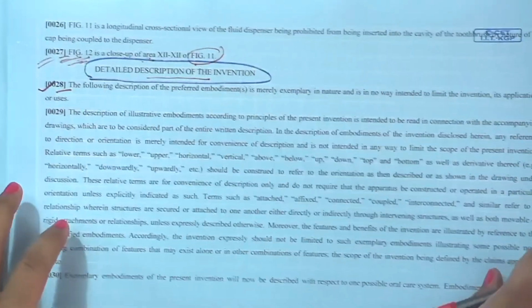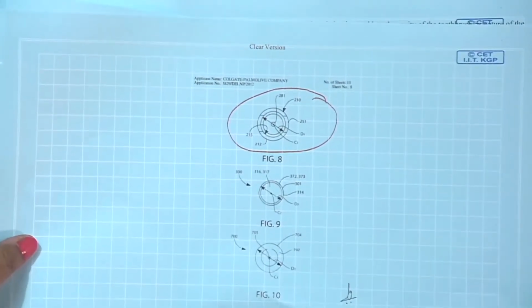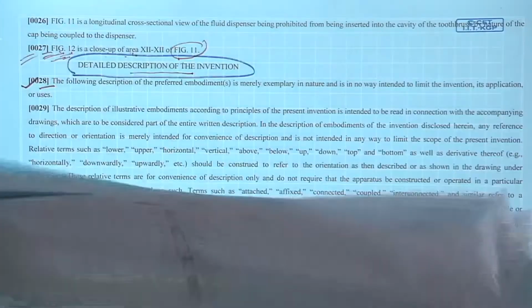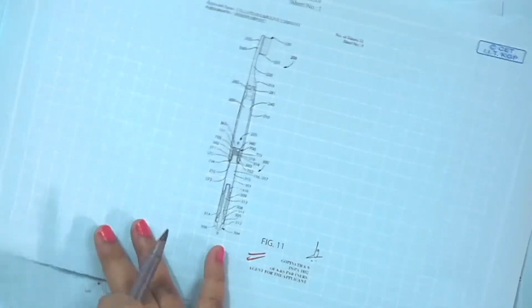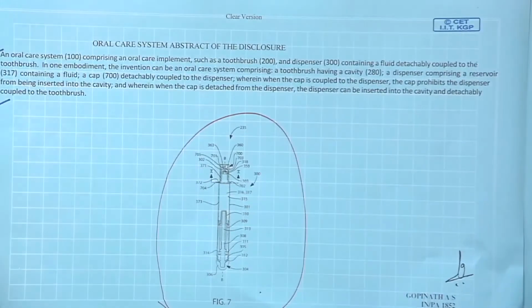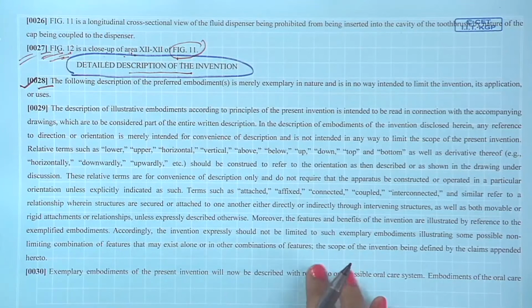So, in all these paragraphs, what is explained is the various diagrams which are present. We have seen there are a total of 12 diagrams in the document. So, all these figures which are explained here are the drawings, and these drawings are explained in this document.